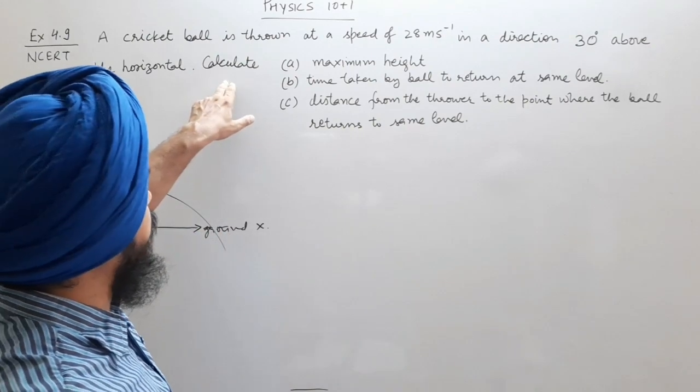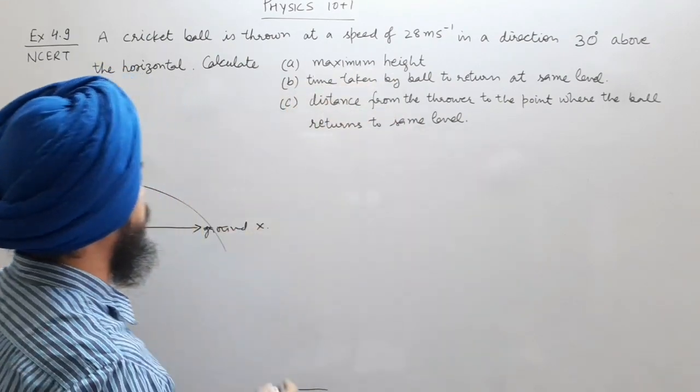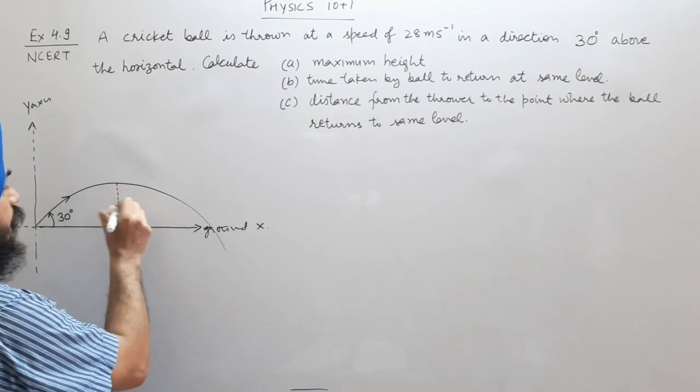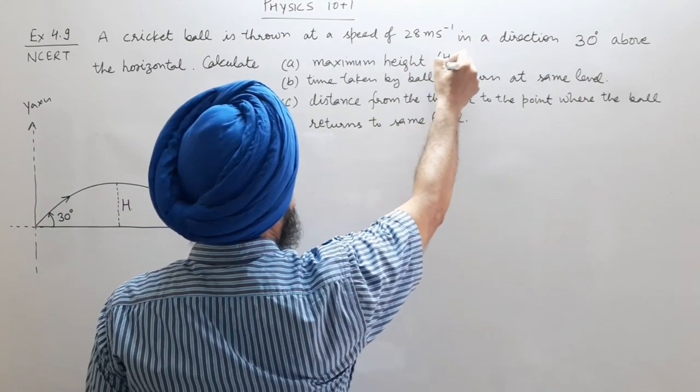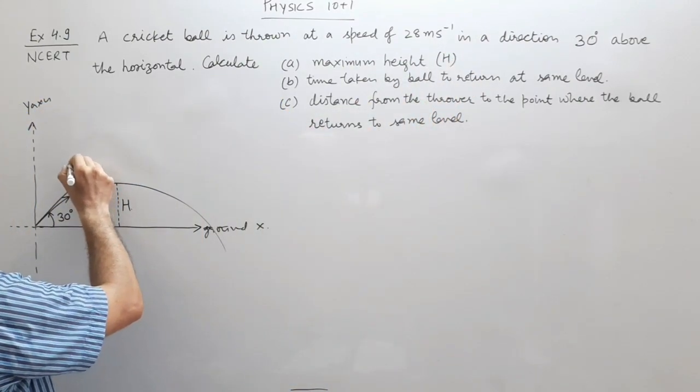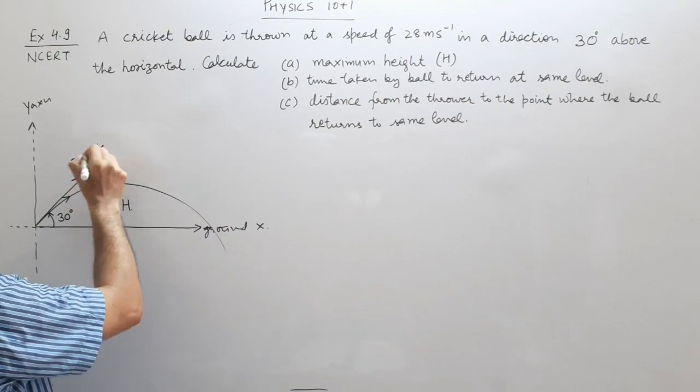What we're going to find is the maximum height attained, capital H, where the velocity is 28 meter per second.